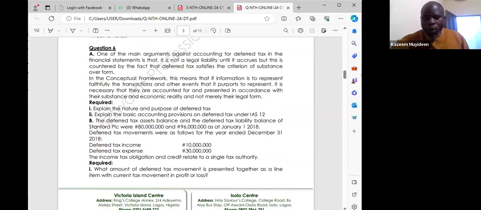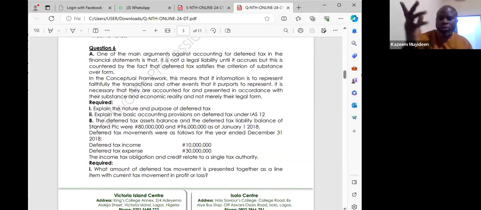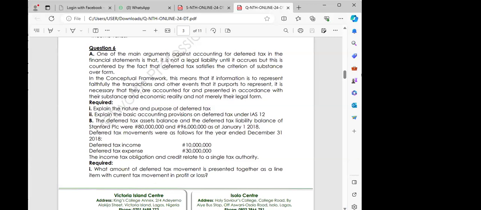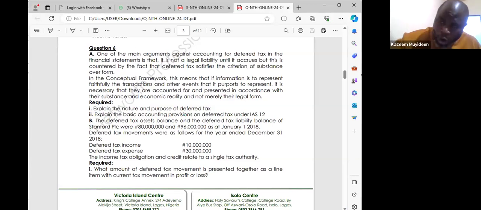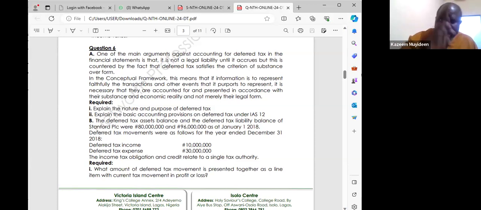That is in the P&L, which is deferred tax expense of 20,000 to the P&L. For the one that goes to P&L, either they say income, or if they don't say income, they say credit. If it is expense or charge, that is the language. The statement of financial position is either asset or liability.